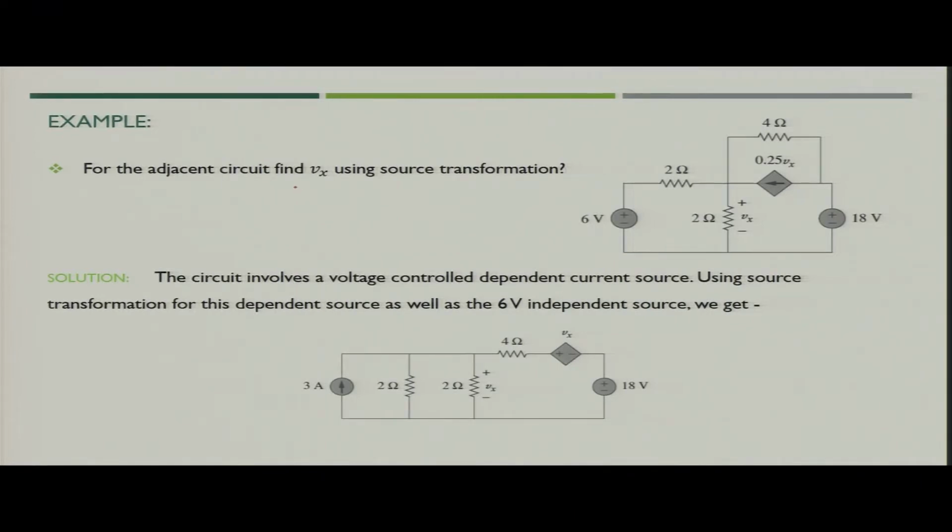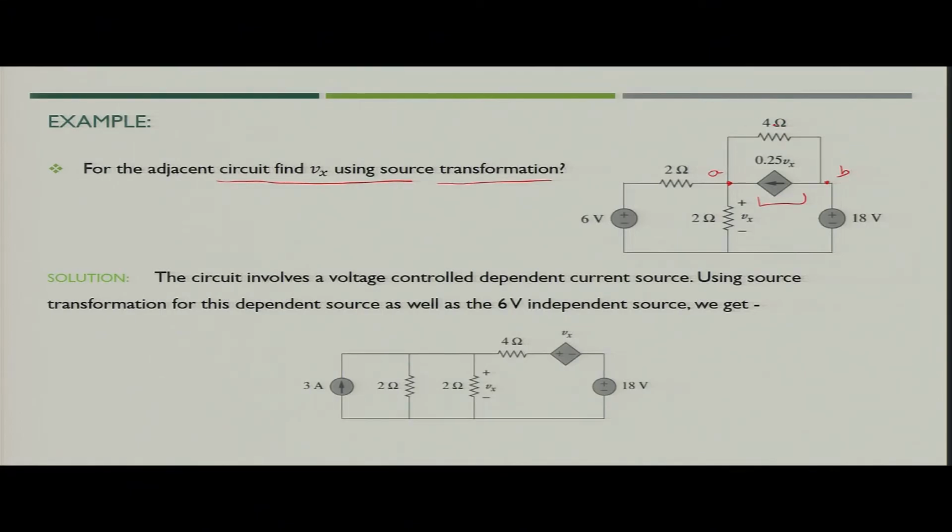Now, let us see a slightly complex circuit where we have one dependent current source. How will you use source transformation in this case? So, you will see this particular segment of the circuit. If you say this is terminal A and B, what you are seeing is one current source in parallel with one 4 ohm resistance.